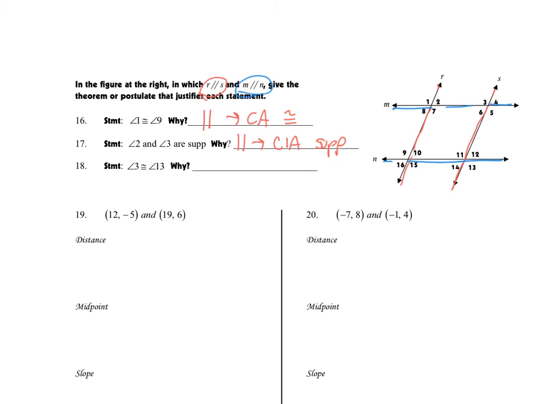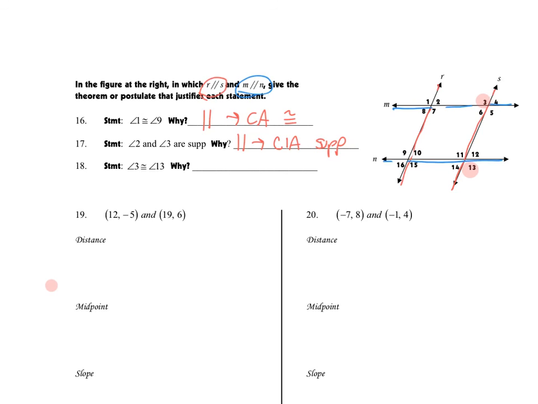All right, let's look at our next set of information. It says that we have angle 3 located right here and angle 13, which is located right here. So this time, if we think about the lines M and N, those are the blue lines, they are parallel.